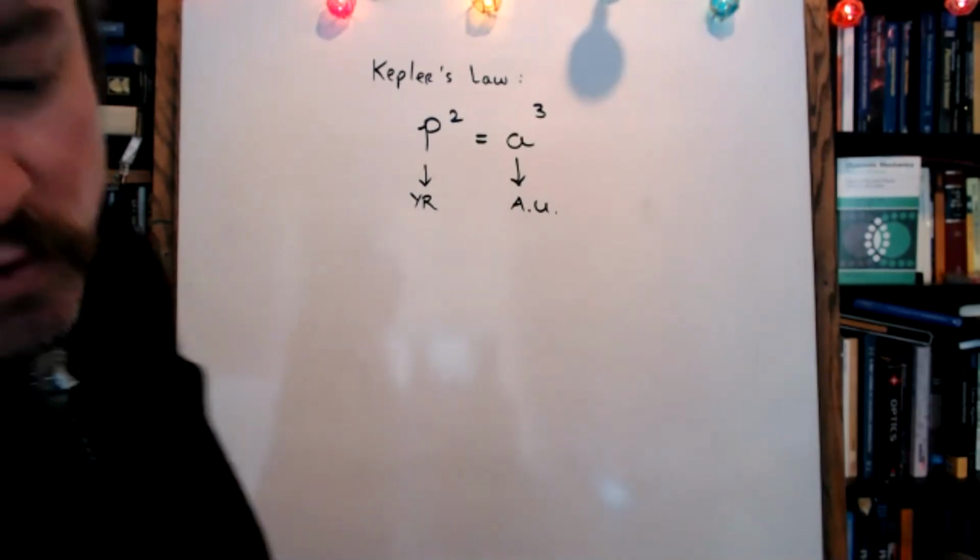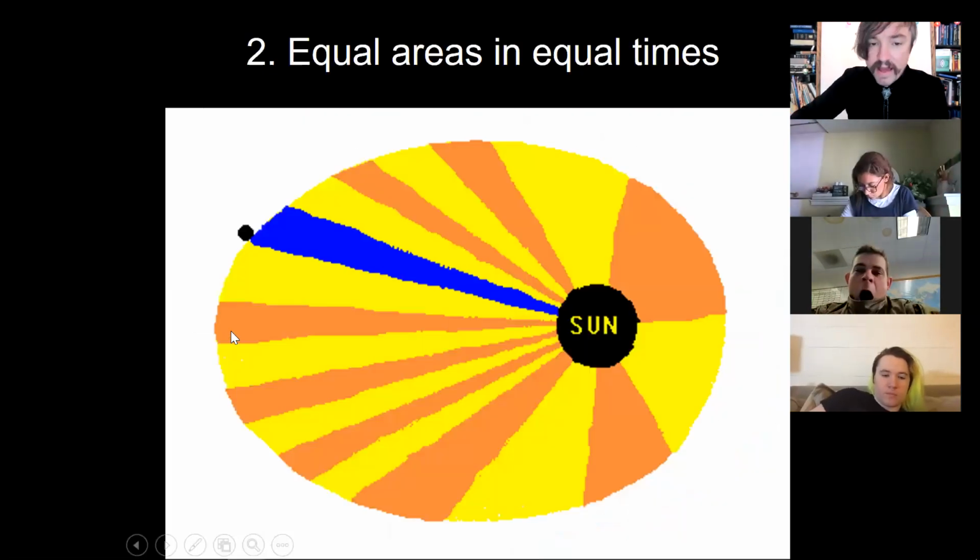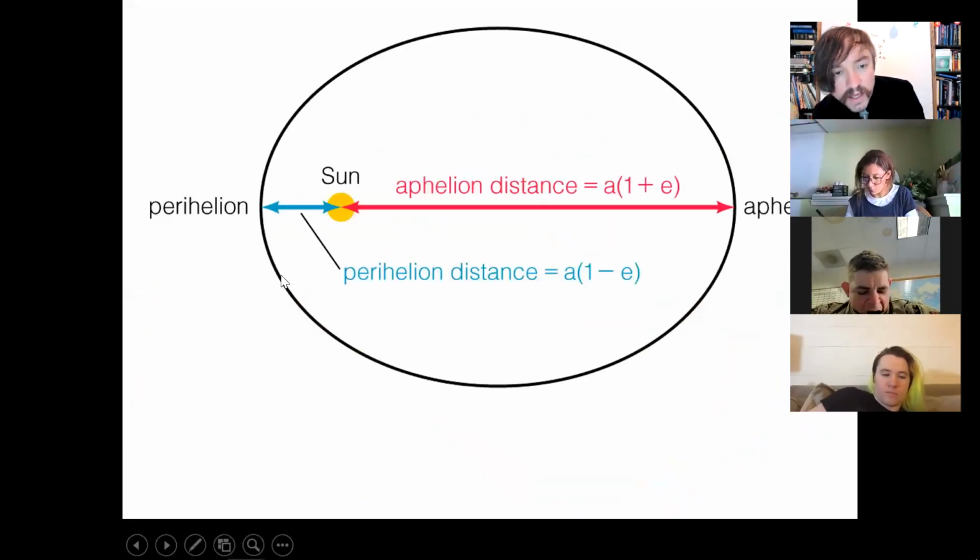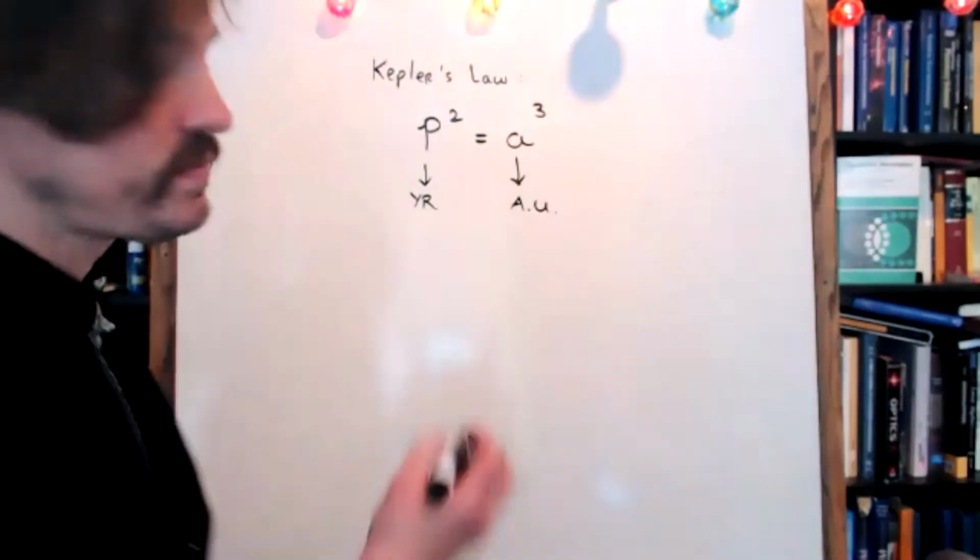There's also two formulas that let us calculate the perihelion and aphelion distances. And I actually went past this a little earlier. Unfortunately, the sun is over on the other side now, but perihelion is a times 1 minus e, and aphelion is semi-major axis times 1 plus e. Let's write those down.